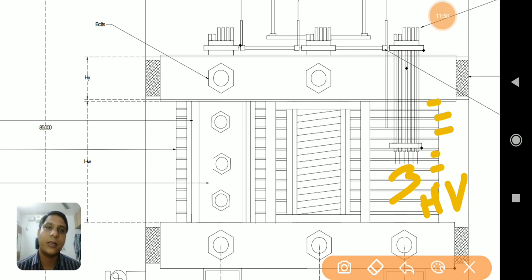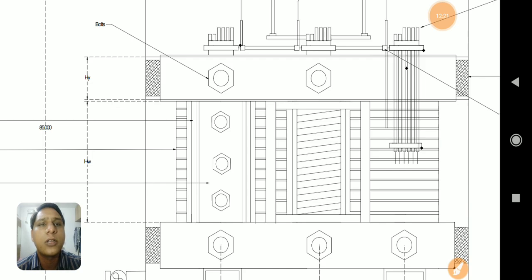We have calculated the number of coils, and that is exactly represented here as we have shown in this diagram. You could count them, and that should be exactly equal to the number of coils that you have calculated. So I hope you understood the three limbs.